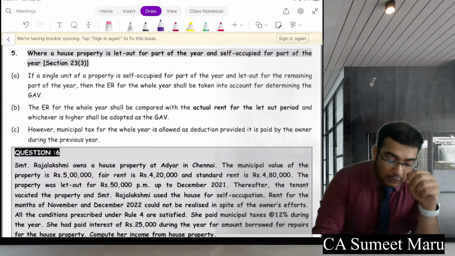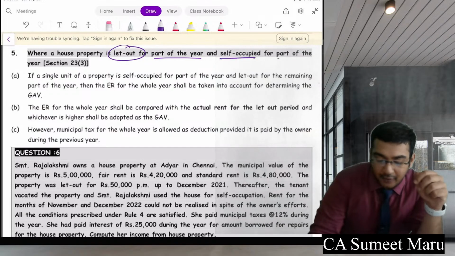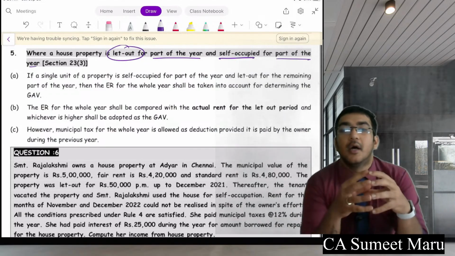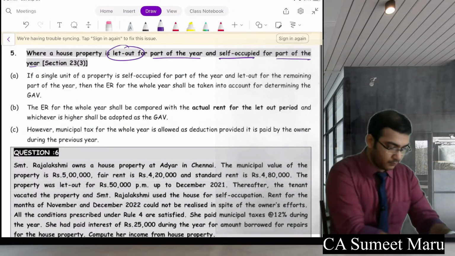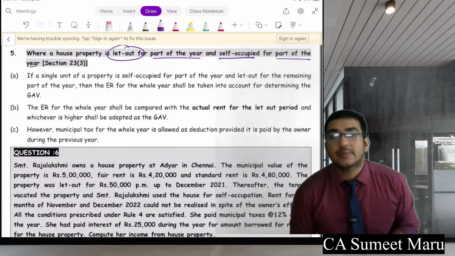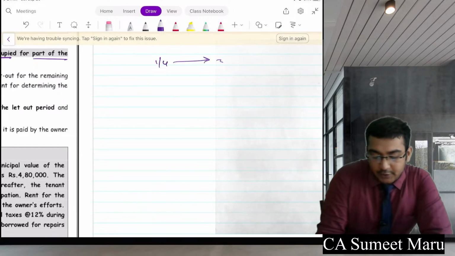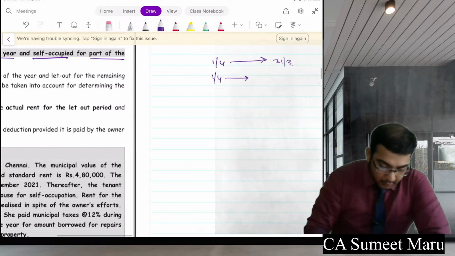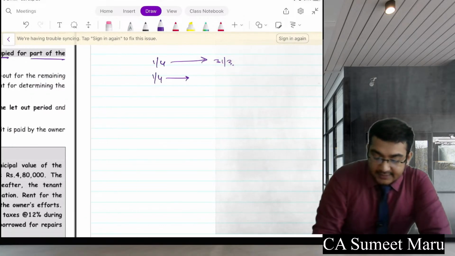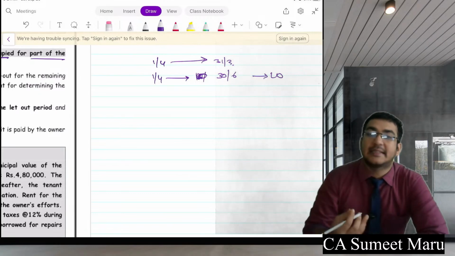Next is when a house property is let out for part of the year and self-occupied for part of the year. During the year, from 1st of April to 31st of March, say from 1st of April to 30th of June it was let out, and then I decided to go myself and stay there.